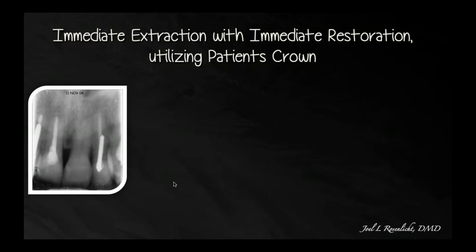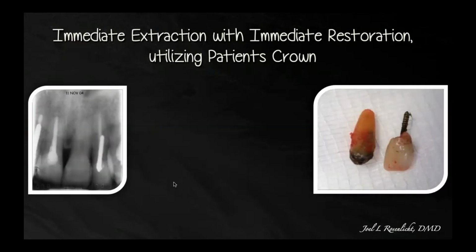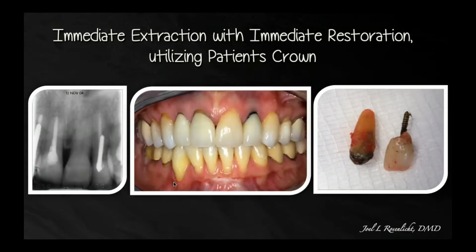She happens to be a hygienist of one of my referring dentists, and there you can see the extracted root and the post of the crown that was placed on that restoration. This is what she looked like pre-surgically with the tooth in place. She had all kinds of restorations, some gingival recession, but otherwise a healthy mouth. She was a hygienist, so she was a very compliant patient.